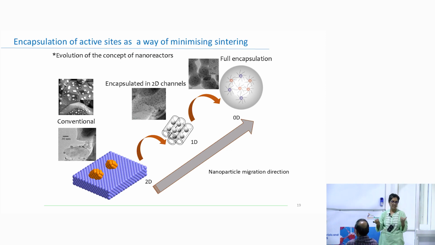Again, agglomeration is happening, not as severe as the conventional, but still it is happening. So we thought, okay, it's better to completely encapsulate it. So 0 dimension of movement. Here I've written from 2-dimensional movement to 1 dimension to it cannot move. It has to stay there because it's completely covered with oxides or the support.